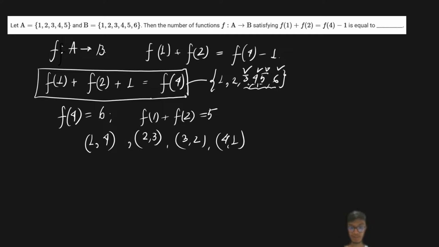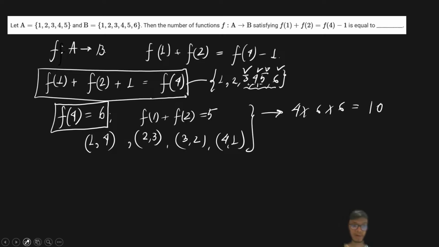For each of these four cases, f of 3 and f of 5 can take 6 values from the set B. So when f of 4 is equal to 6, the total number of functions is 4 into 6 into 6, which is equal to 144.